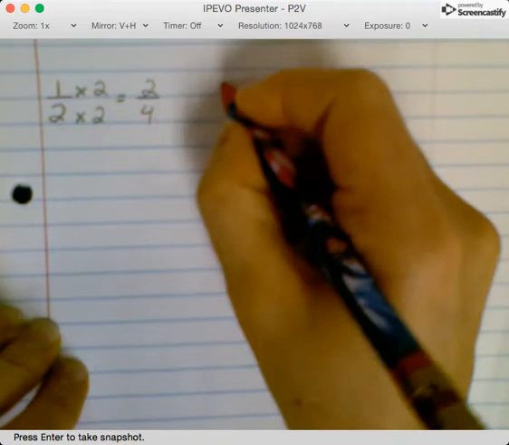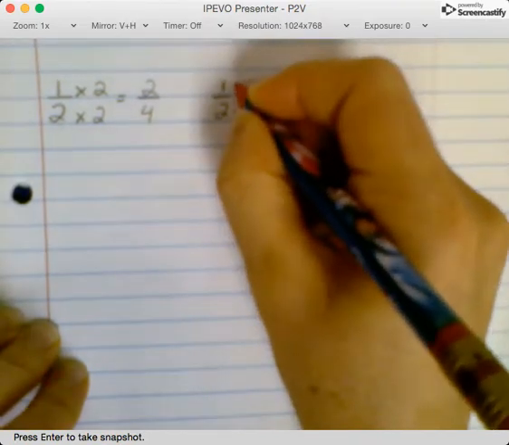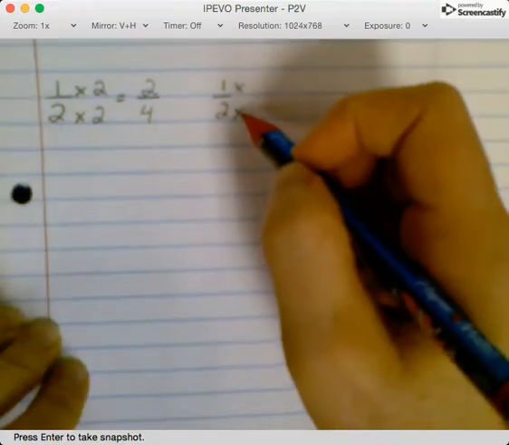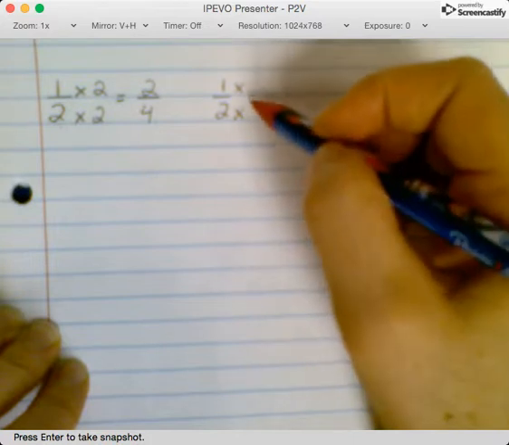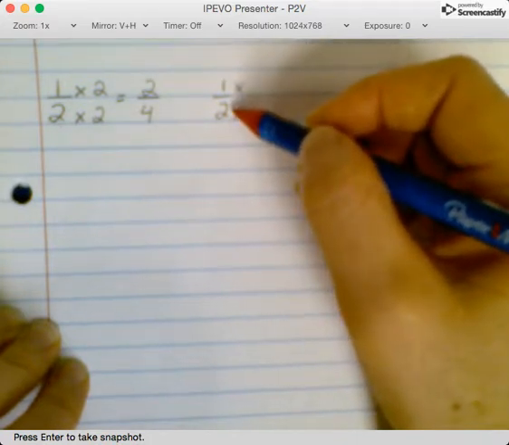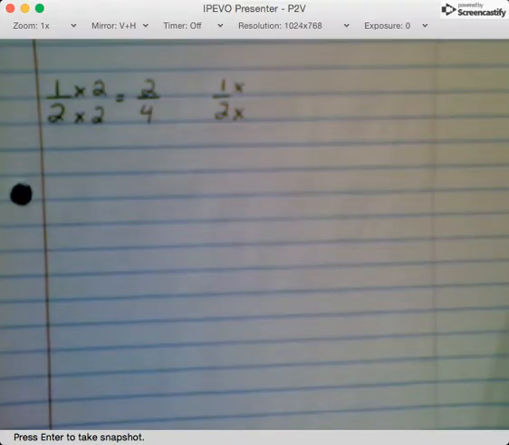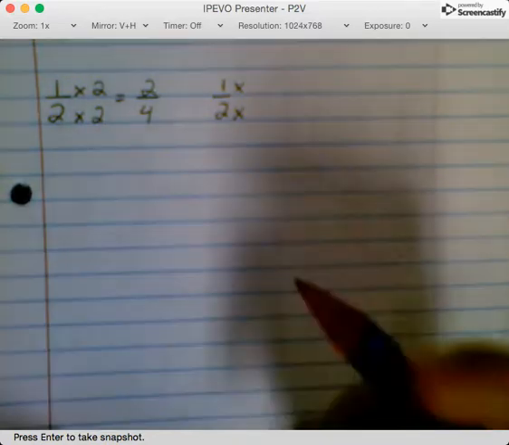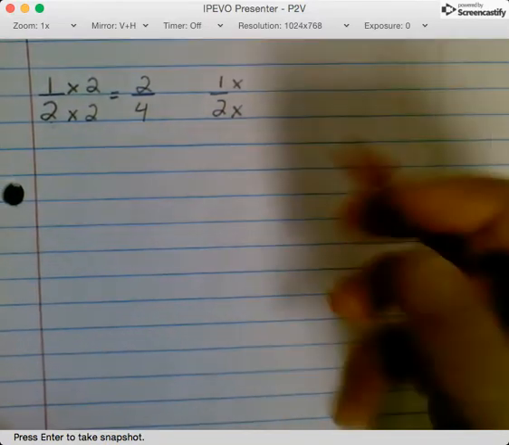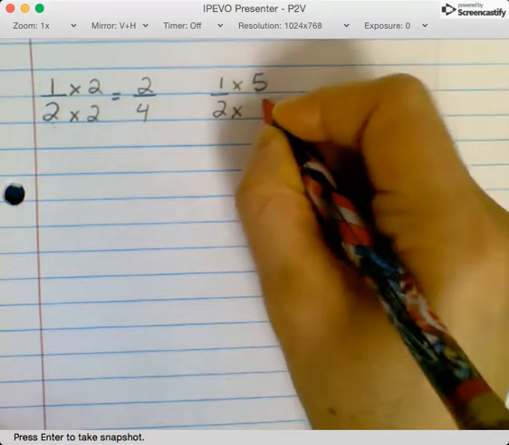Okay, let's do this another way, just to show you that I can use more than one number to come up with an equivalent fraction. So I'm using the same starting number, 1/2, and in order to find an equivalent fraction, let's multiply this one times 5.